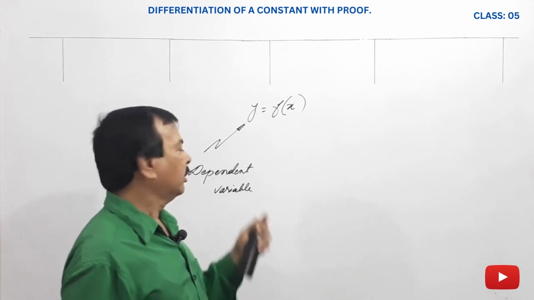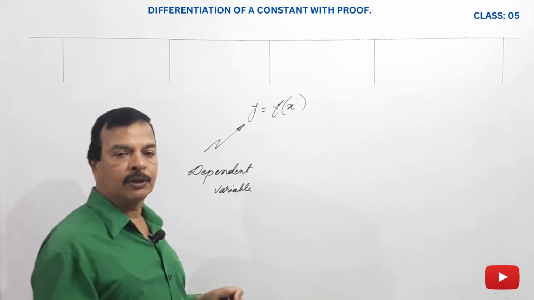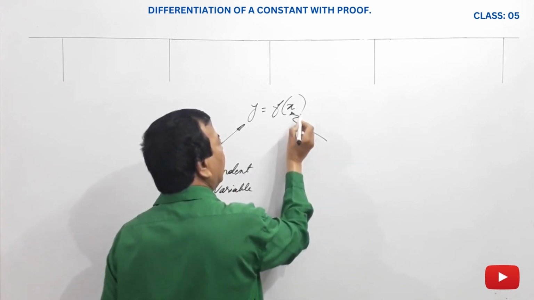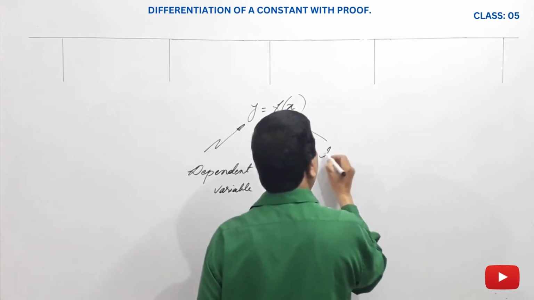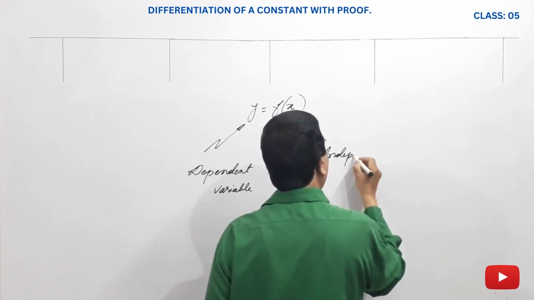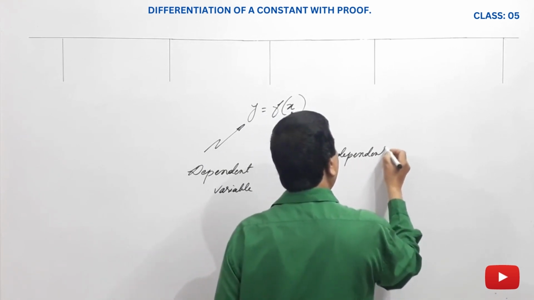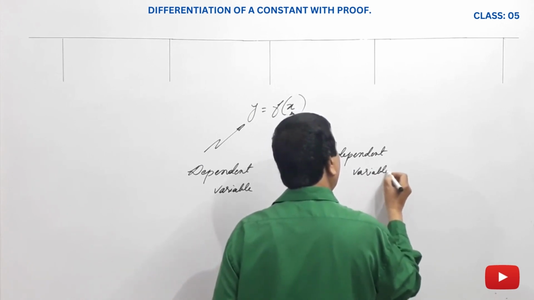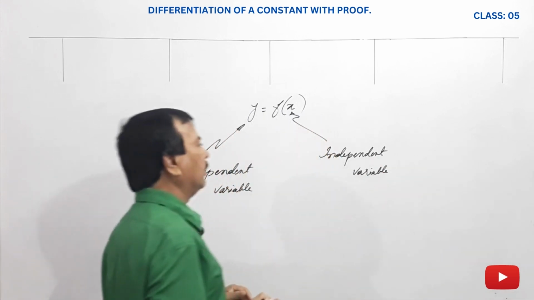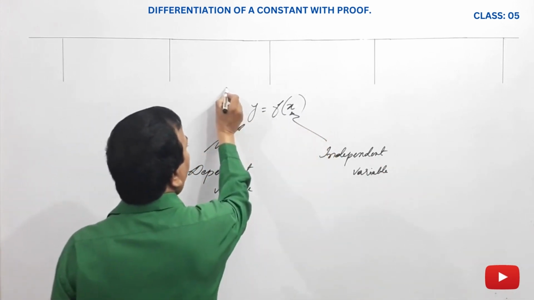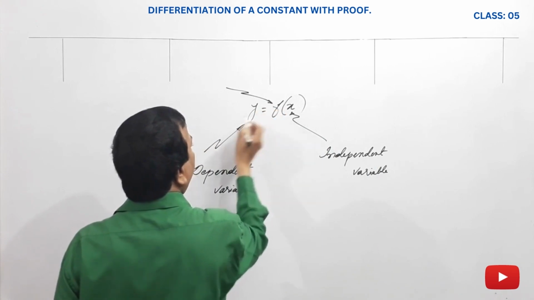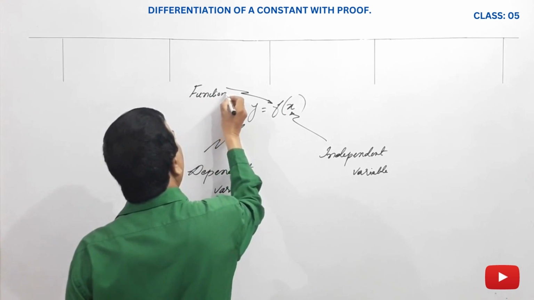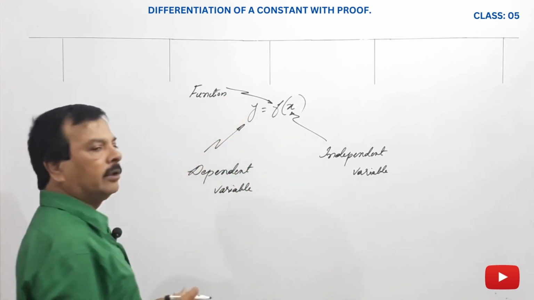I have already told you about this, but I am going to refresh your memories. x is an independent variable, and f is a function.